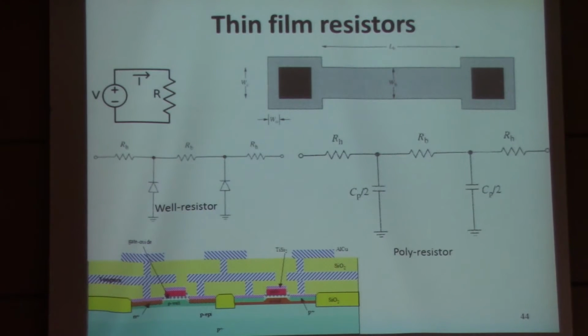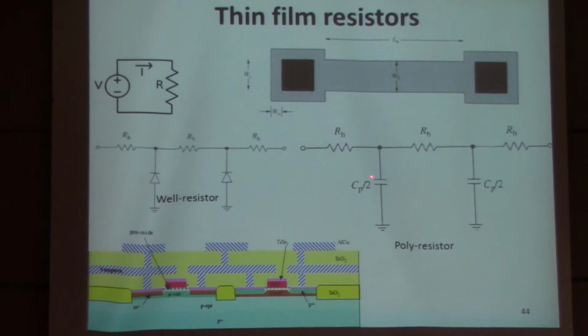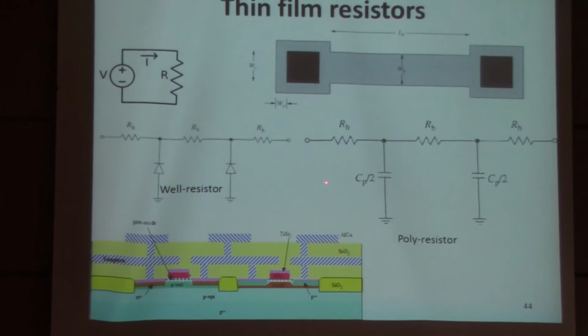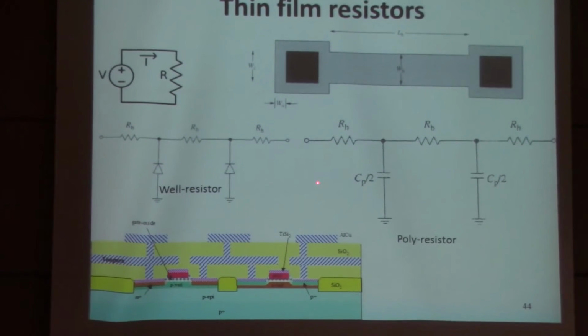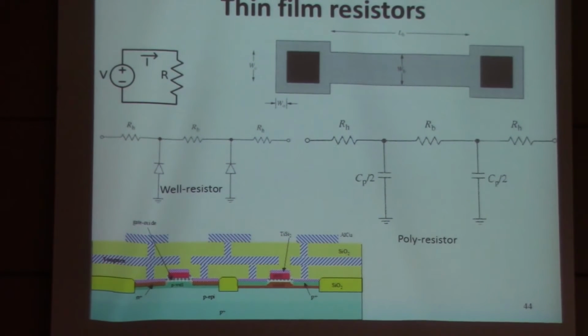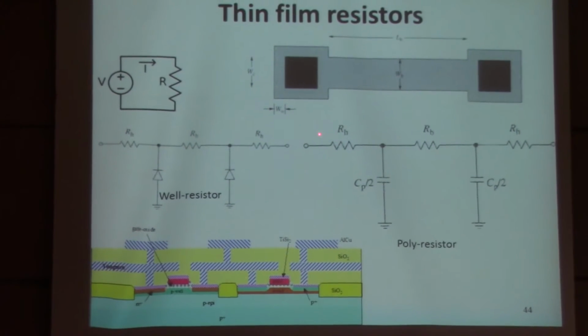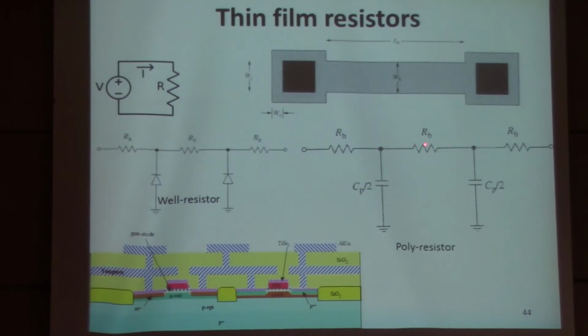You have other components. For example, you have parasitic capacitance. The capacitance could kill you at high frequency, because instead of a resistor going from this terminal to this terminal, somewhere halfway you will get a short circuit at high frequency, because at high frequency the impedance here is very small.